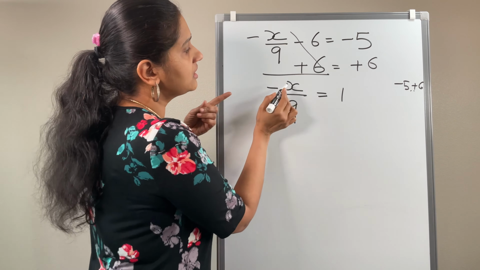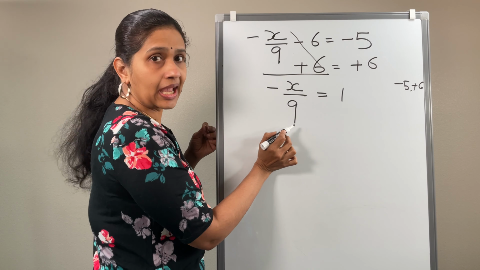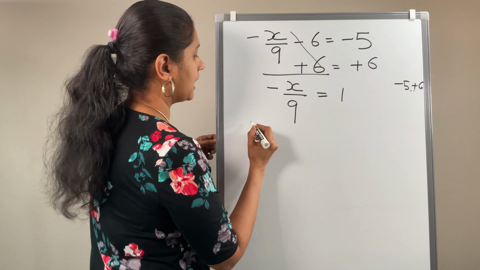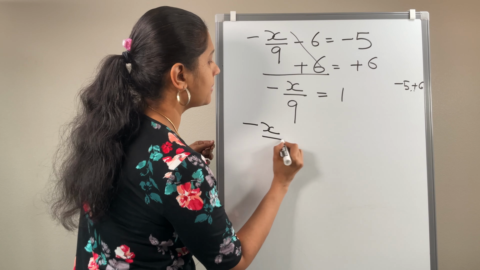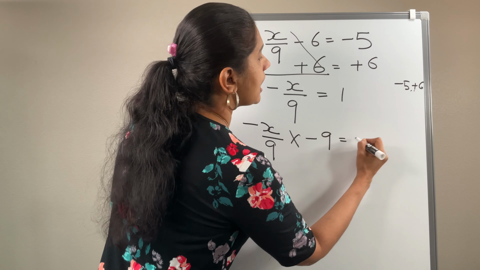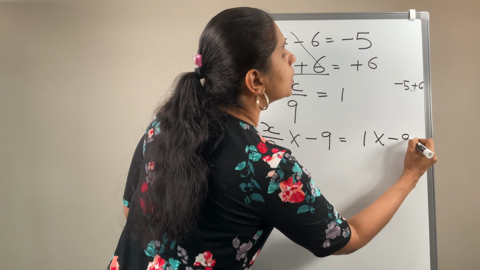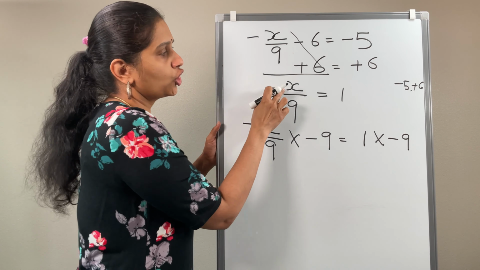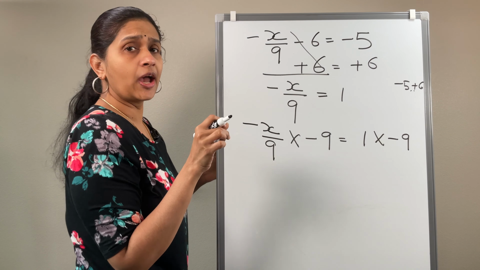Now to avoid this 9 in minus x by 9 which is near the x, you have to multiply by negative 9 on both the sides in order to isolate x. Why do you have to do that?